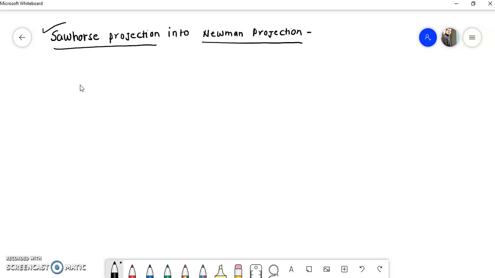Okay, so we know that if we have to draw the Sawhorse projection formula, then we have to see the molecule from a particular angle. Now consider the example of 2,3-dichlorobutane.